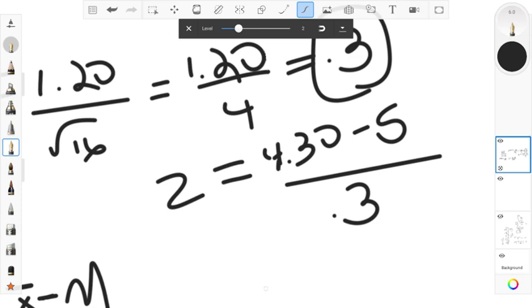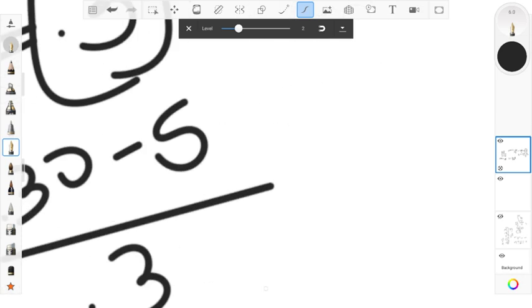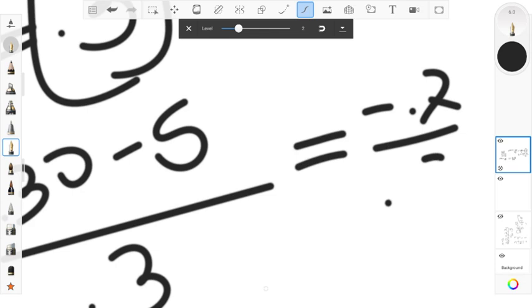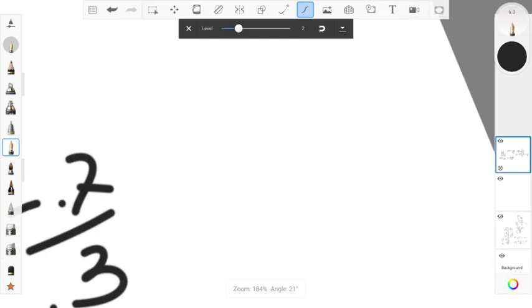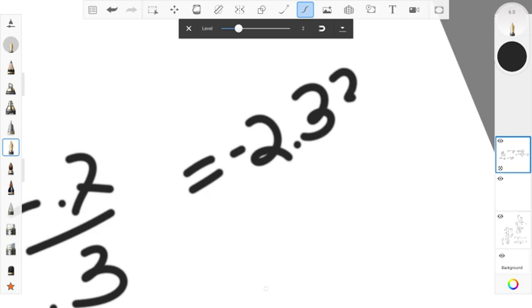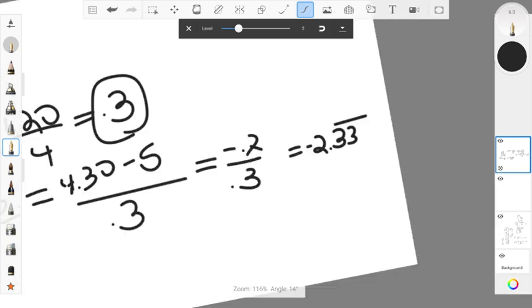So when we do the calculation, it's 4.30 minus 5, which is negative 0.7, divided by 0.3, and we get negative 2.33.